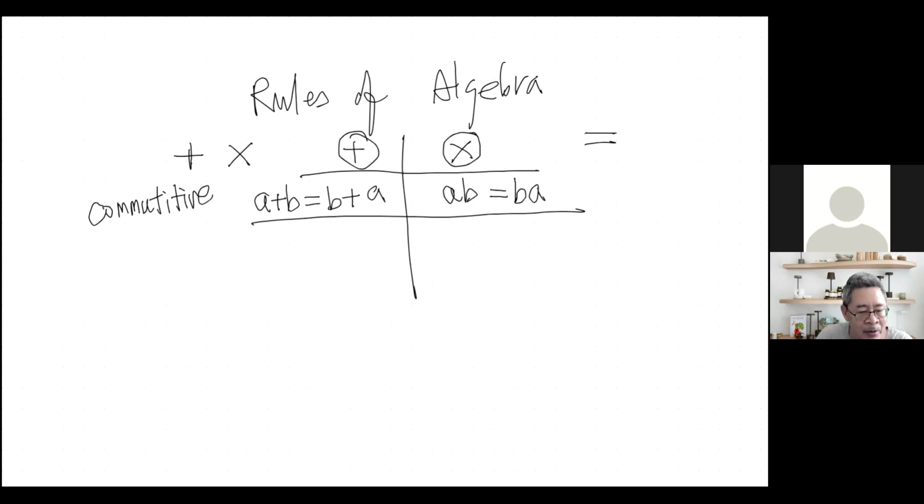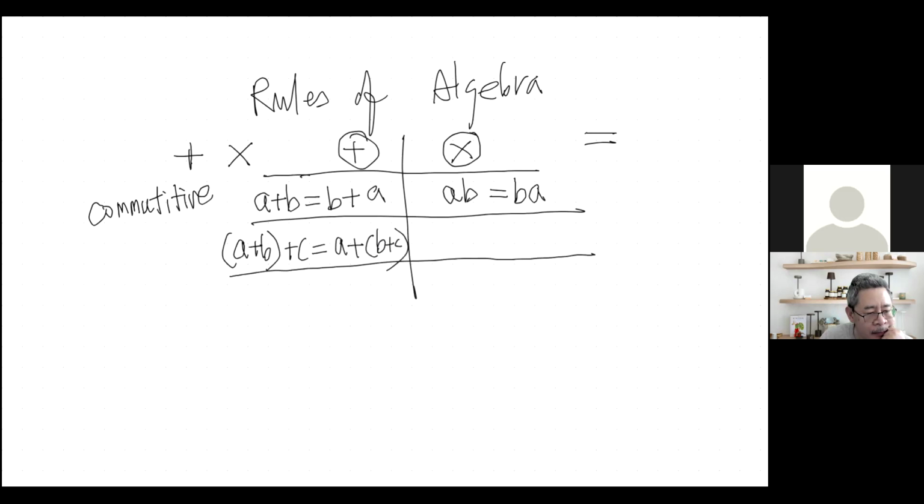And then we also have A plus B plus C is the same as A plus B plus C, grouped differently. Remember what this is called? That's associative.